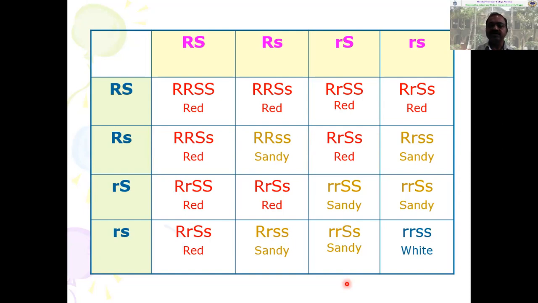So here we have seen a few different examples, how we can calculate their respective proportions, and how we can compare and demonstrate the different modifications of the dihybrid ratio.